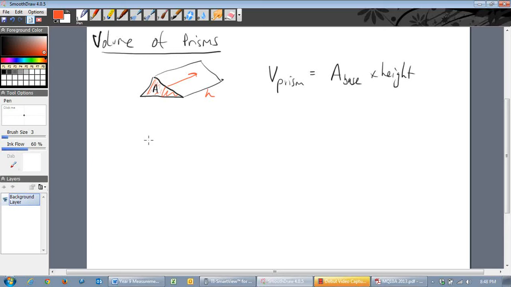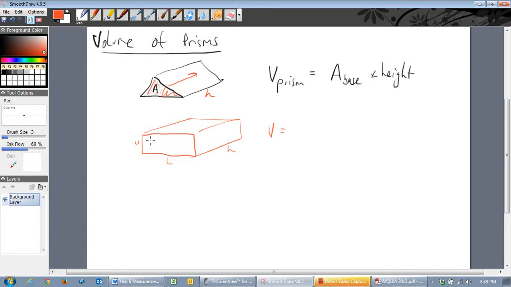A couple of other special cases. If you have a rectangular prism like this, where you've got width, length, and height. What's the volume of this?